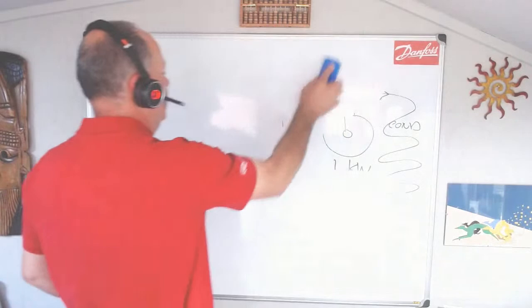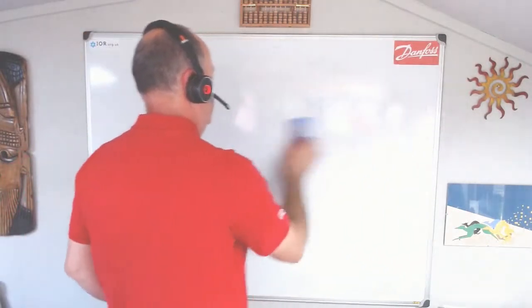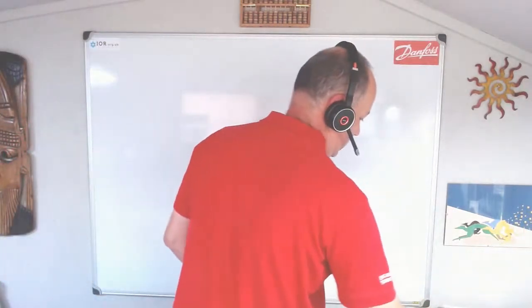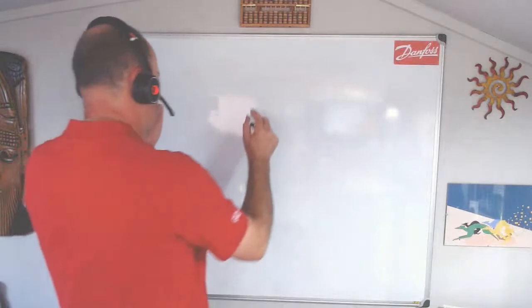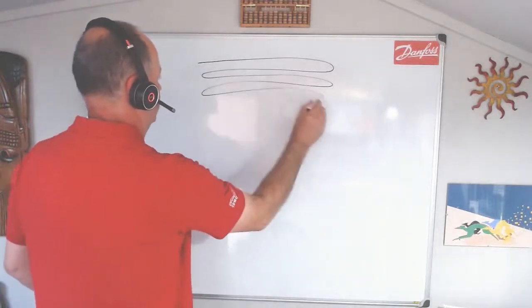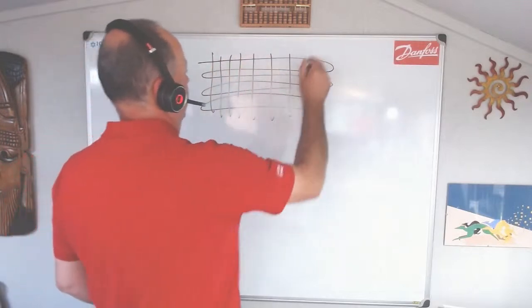But basically, if we talk about the difference between a microchannel and a fin and tube, in essence, we all know what a fin and tube is. We've got a tube, like so, and we have fins on it, and that's fin and tube.